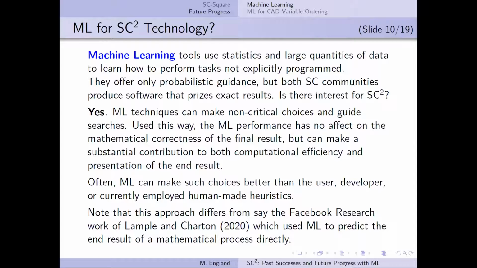And there's been a variety of papers that have followed on other maths problems. So this is a different idea, not discrediting that idea, but it's less of interest to our communities, because even though that Facebook paper was able to achieve 98% accuracy, I think most computer algebra systems will be quite worried about the other 2% that wasn't accurate.